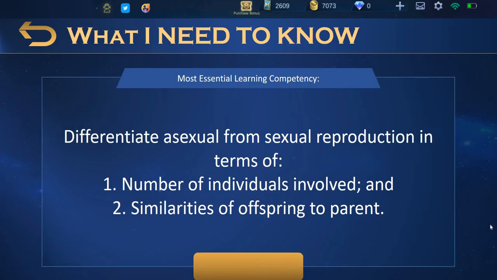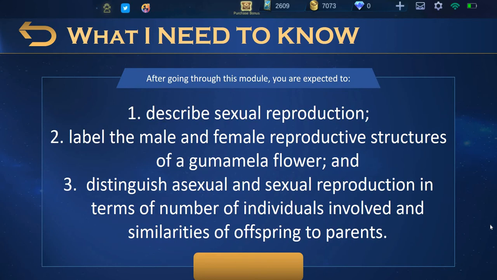For today, we're going to need the most essential learning competency of this lesson: differentiate asexual from sexual reproduction in terms of number of individuals involved and similarities of offspring to parent. After going through this module, you are expected to: number 1, describe sexual reproduction.